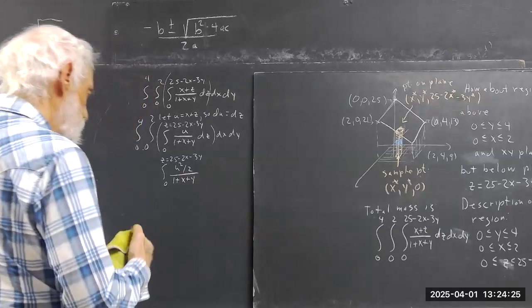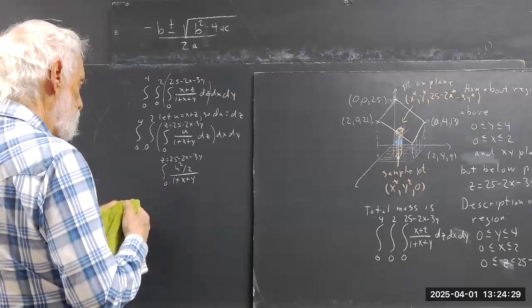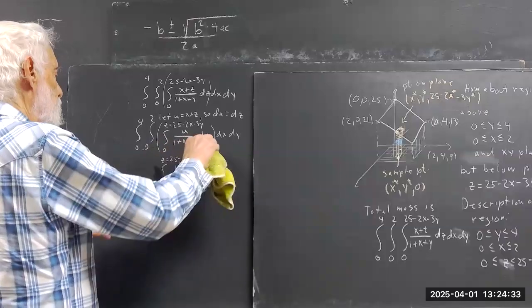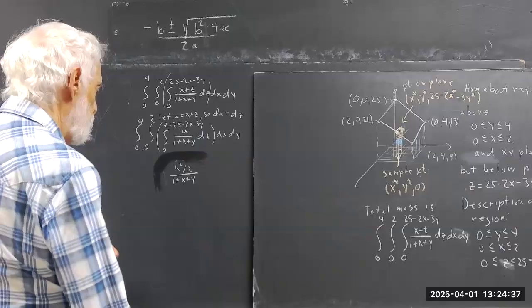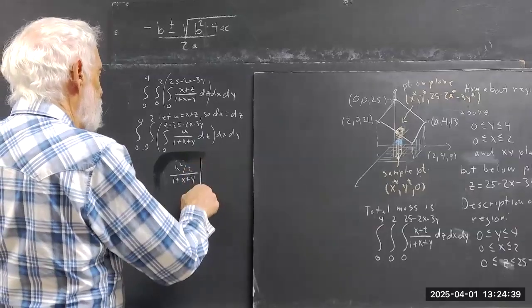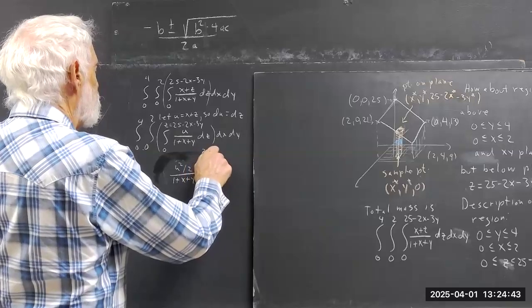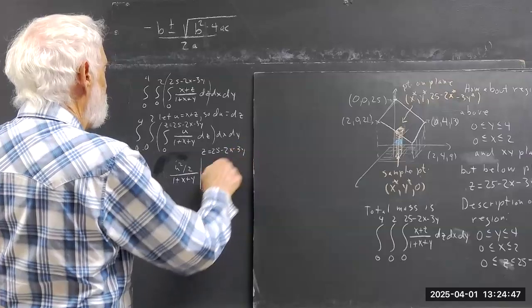I wrote this out prematurely. So the way I want to write it is this evaluated between z equals 0 and z equals 25 minus 2x minus 3y.